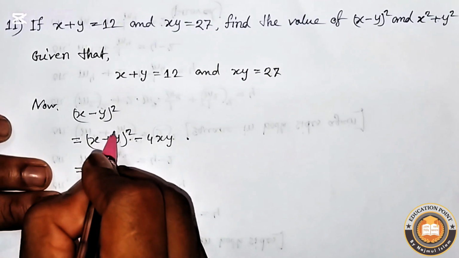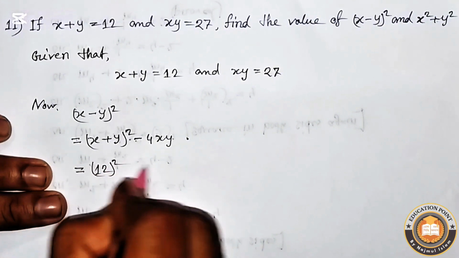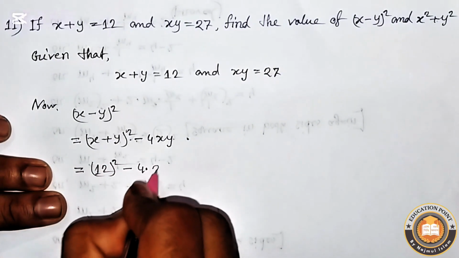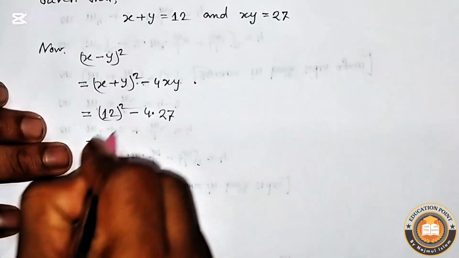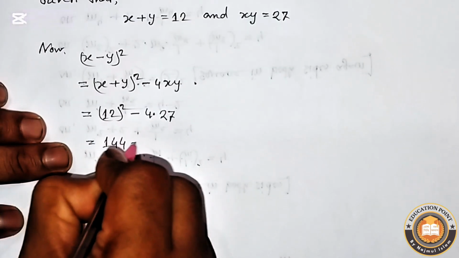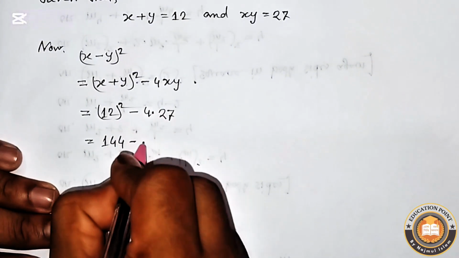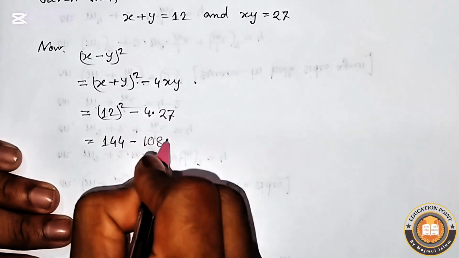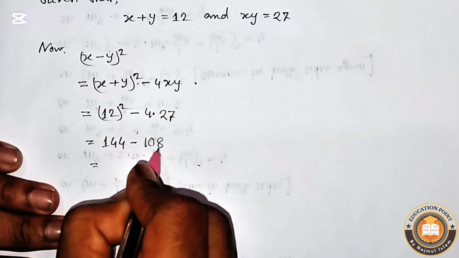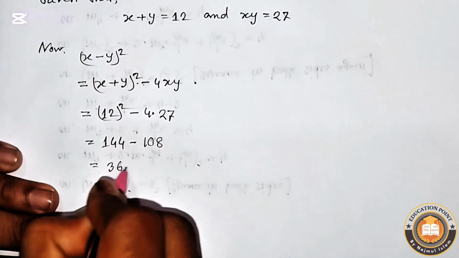Value of x plus y equal 12 whole square minus 4 into value of xy equal 27. Square value of 12 is 144 minus multiplying value of 27 and 4 equal 108. Subtracted value of 144 and 108 equal 36.